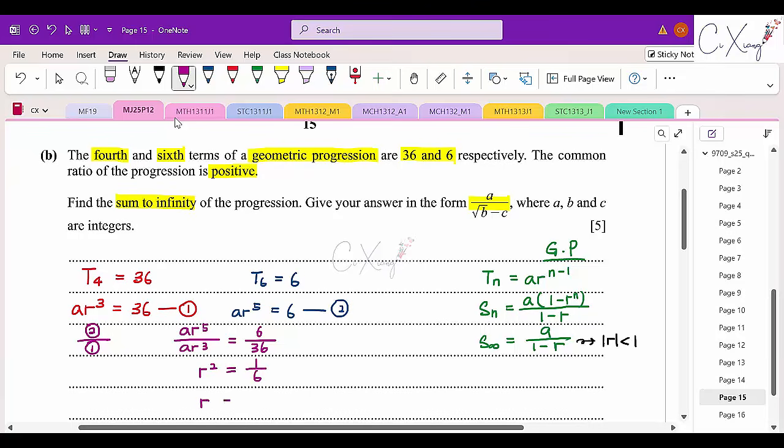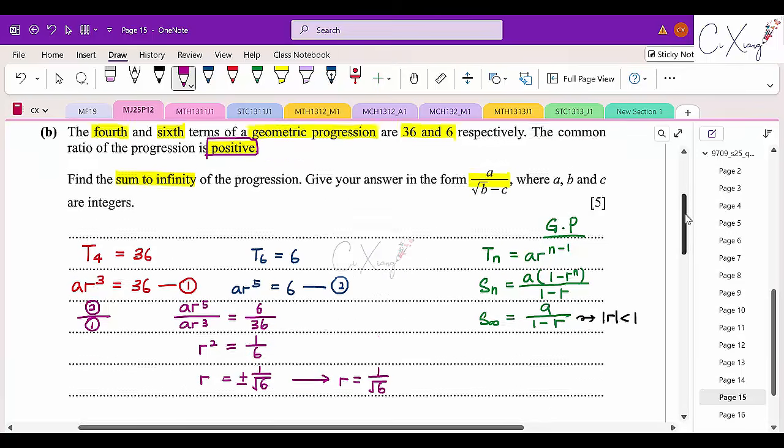When you want to take the value of r, you take the square root. So by right, you should be having plus minus 1 over square root 6. But for this question, they did mention also that the common ratio must be a positive value. Therefore, we only accept r equals 1 over square root 6.